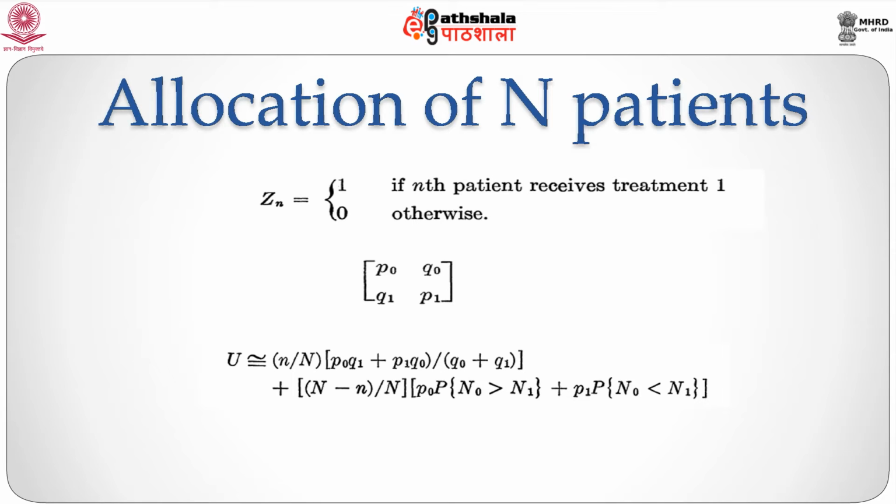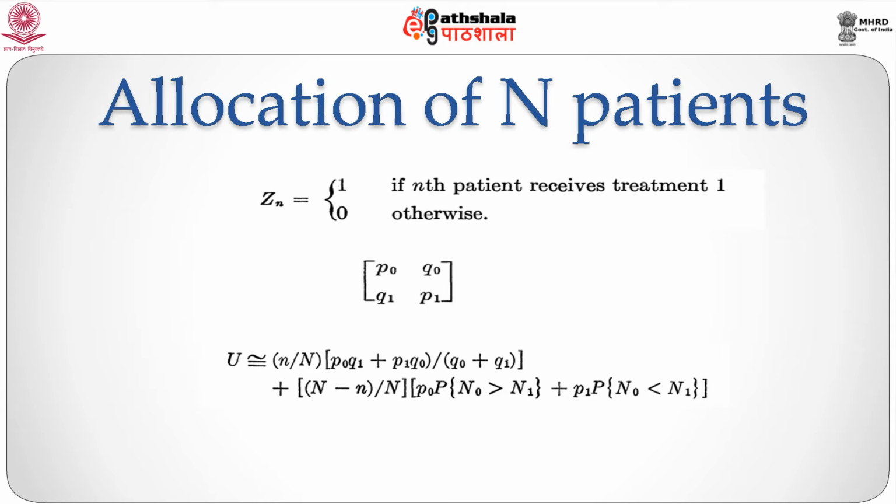Using the asymptotic theory of Markov chains, we can calculate the asymptotic mean and variances for the number of patients on each treatment, and hence the expected number of successes in the first stage, as well as the expected proportion of success in the entire experiment.